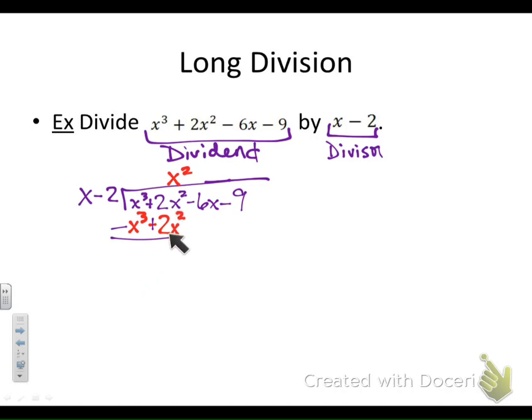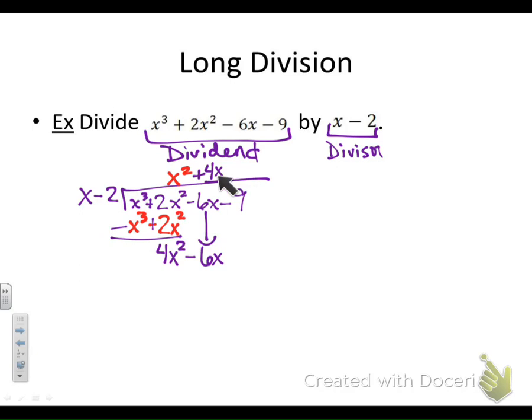But now I've got 4x squared. And just like in the long division process, once I get to a stopping point, I have to bring down the next term and repeat the process, asking myself, x times what could get me to 4x squared? 4x times x will get me to that 4x squared.